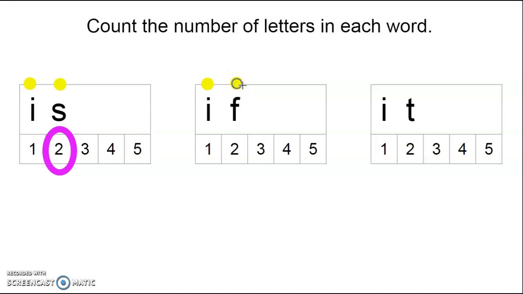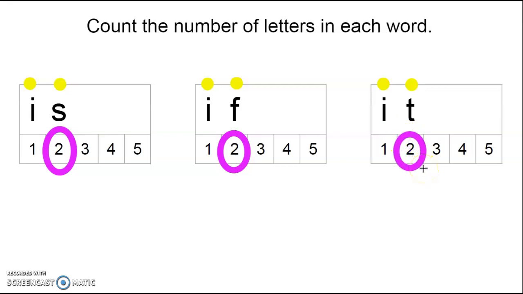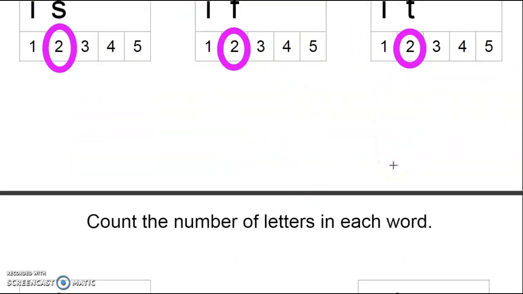I-F. Let's count. How many letters are in the word if? 1, 2. There are 2 letters in the word if. Our last word on this page is the word it. I-T spells it. How many letters are in the word it? Let's count. 1, 2. There are 2 letters in the word it. Is, if, and it all have 2 letters in them.